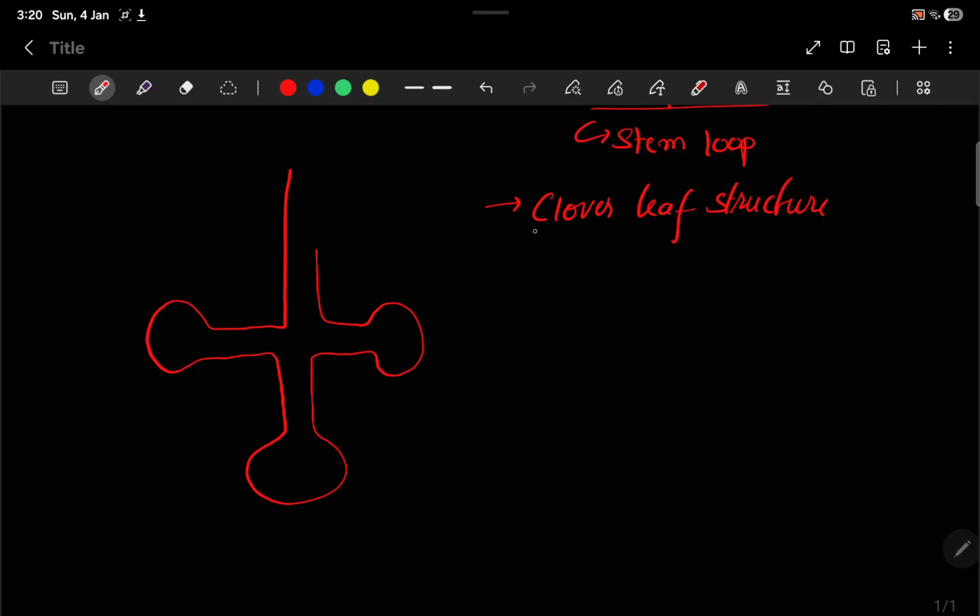It is called a clover leaf because if you have seen a clover leaf, it looks somewhat like this, and this structure resembles it very much. Because this is an RNA, it has a 5' end and a 3' end. So this is the 3' end, this is the 5' end, and there is some base pairing here. Then there are loops where we see no base pairing.